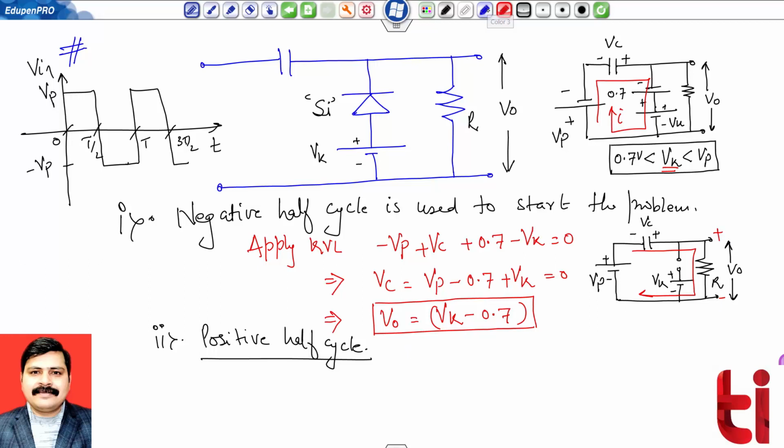So what you will have from this KVL, Vp plus Vc minus V naught equals 0.